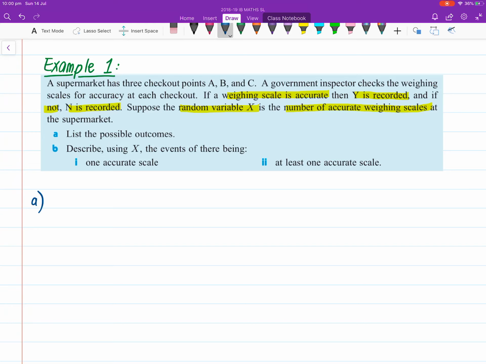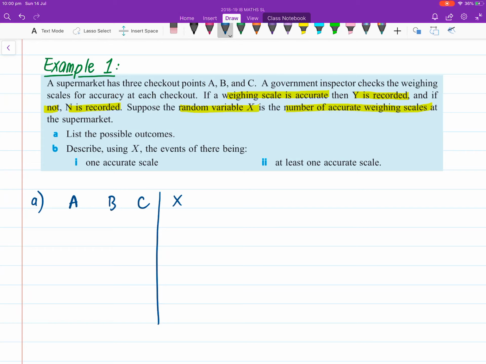We've got scales at A, B, and C, 3 different checkouts. And the random variable X is the number of accurate weighing scales you could have.